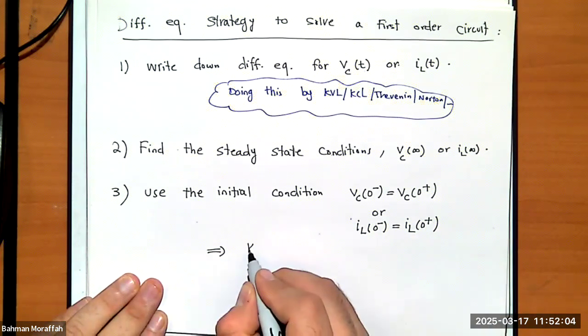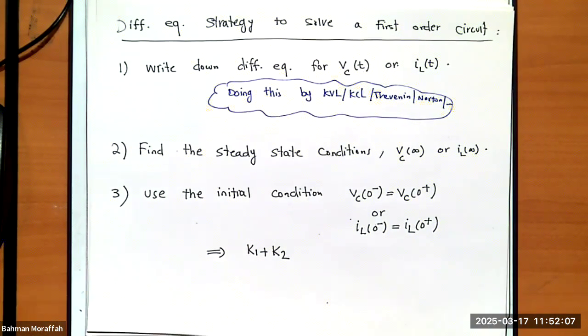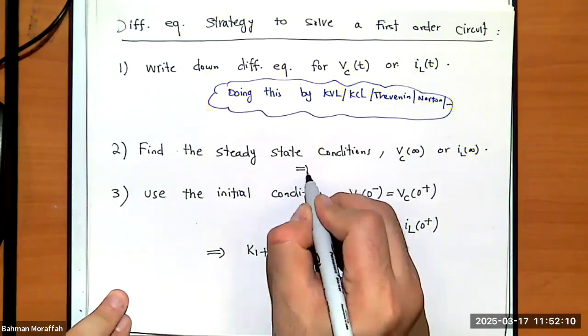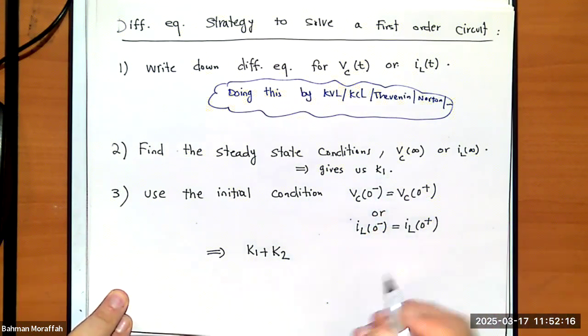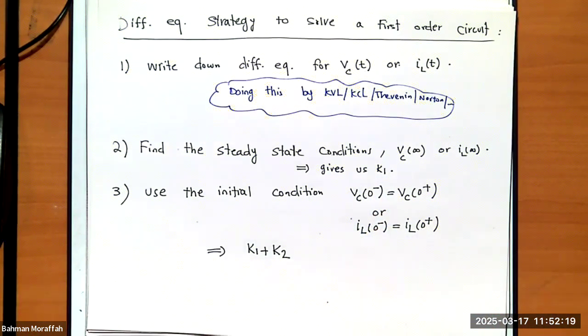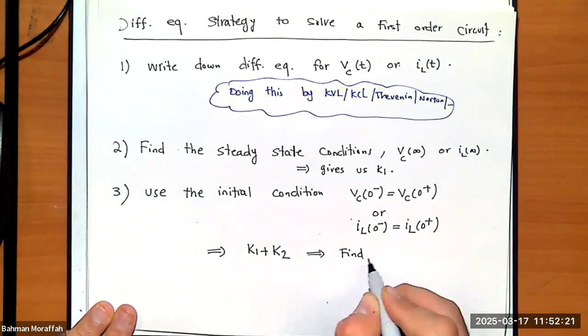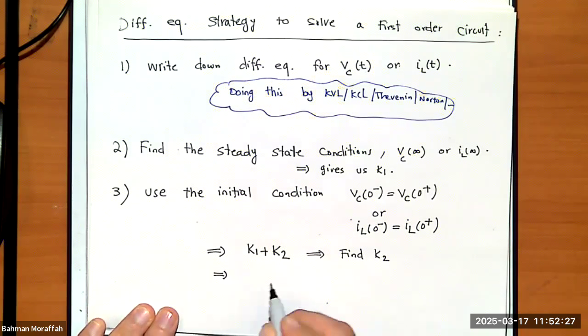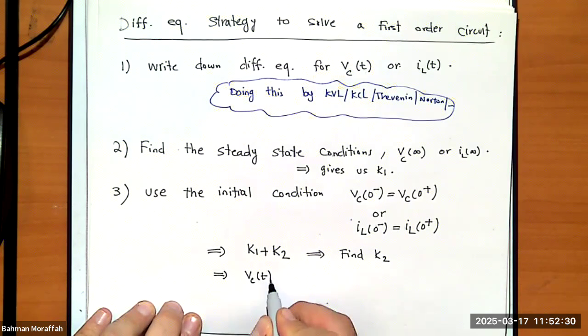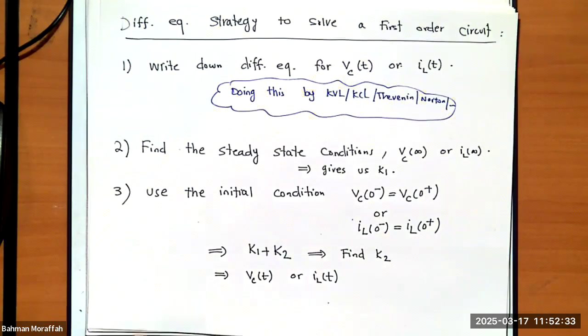And this gives us K1 plus K2. Remember, this one over here would give us K1, right? And therefore, we can find K2 here. And if I find K2, I know VC(t) or IL(t), right? Because we know exactly what the solution is. The solution is K1 plus K2 e to the power of minus t over tau, right?